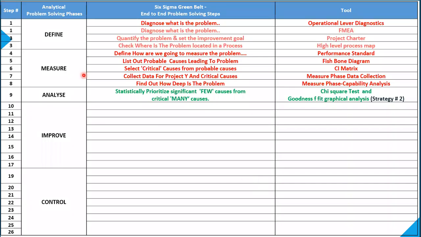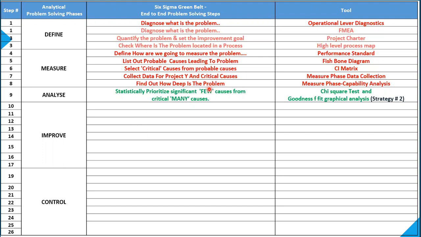So we started with the define phase. In the define phase, we first prioritized the problem, then quantified the problem, and then checked where exactly the given problem is located. Once that is done, we enter the measure phase, where with the help of the performance standard we define how we are going to measure the problem.